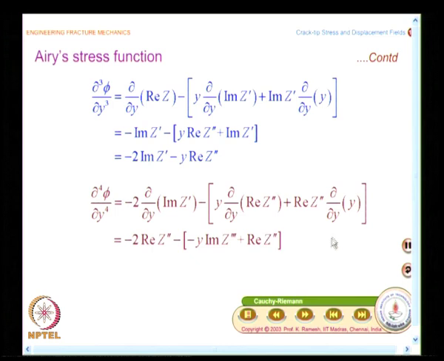So, upon simplification you get this as minus 2 times the real part of z double prime, or I could also have this as minus 3 times the real part of z double prime plus y imaginary part of z triple prime. See, we have evaluated ∂⁴φ/∂x⁴ as well as ∂⁴φ/∂y⁴.